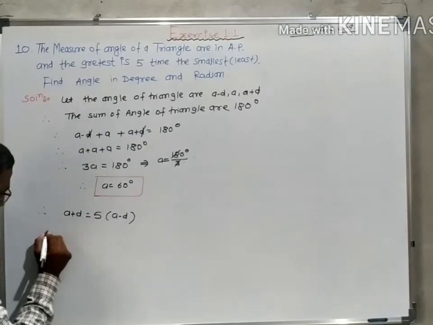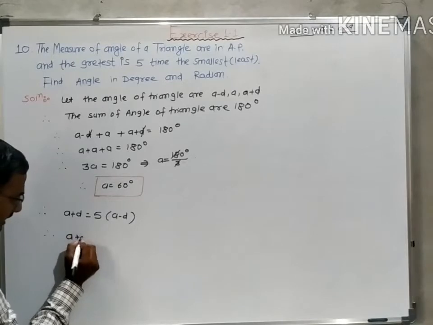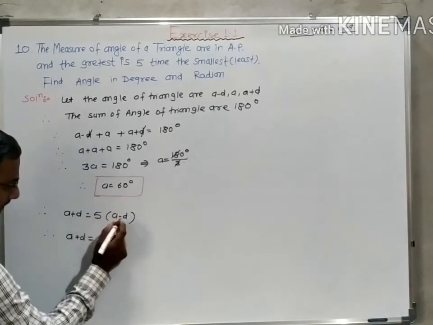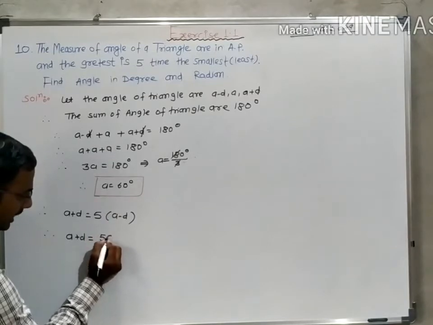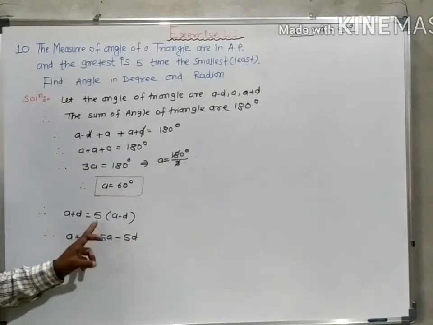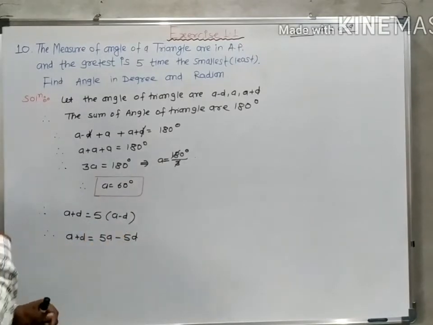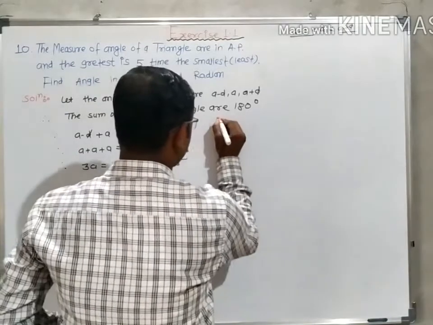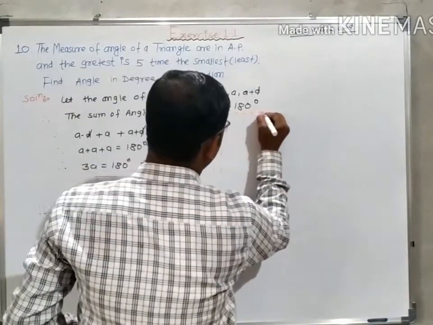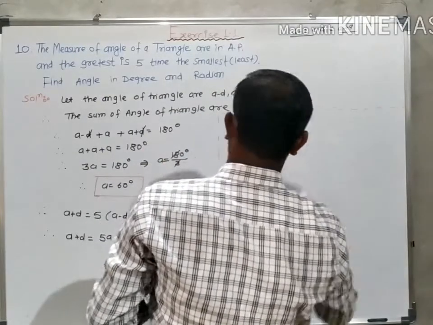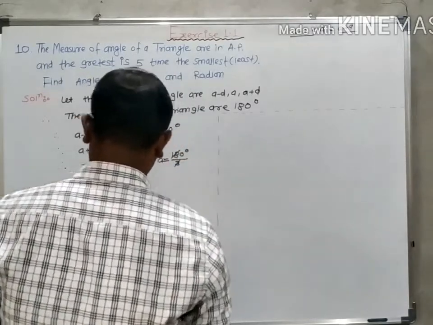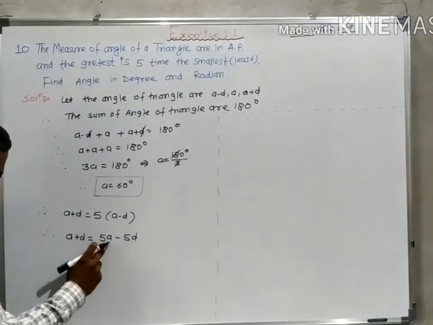So therefore a plus d is equal to 5 into the bracket, multiply 5a minus 5d.